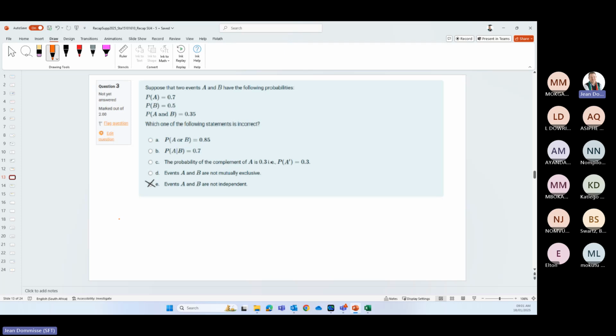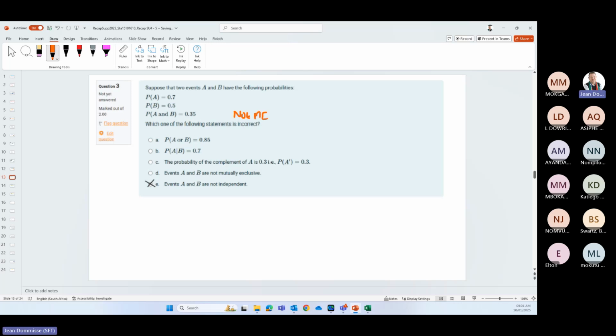Here is one about two events, A and B. They tell you what the probabilities of the two events are, and they tell you the probability of A and B. Okay, so the first thing I will look for is, is this mutually exclusive? So that is not equal to 0, so it is not mutually exclusive.